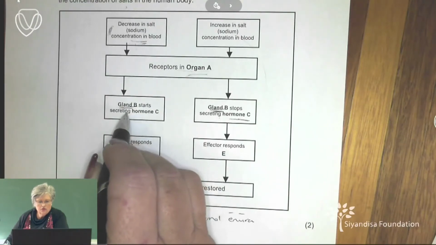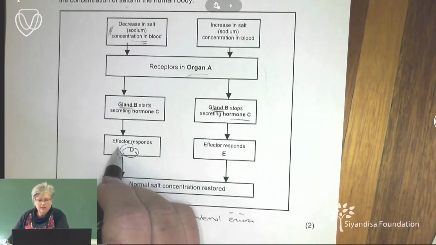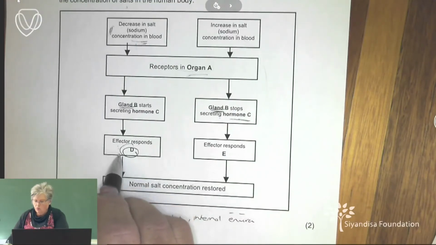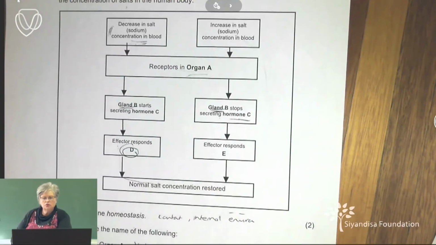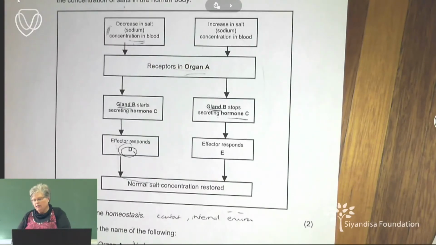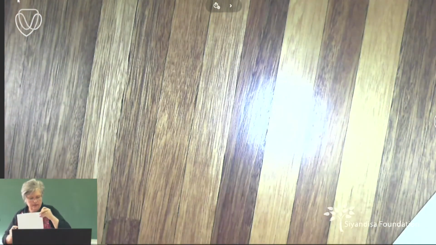Aldosterone, what does it do? It makes the wall of the renal tubules more permeable. If it becomes more permeable, more sodium can be reabsorbed, and then it will be returned to normal. Okay? Again, you must know your target organ, you must know your control center. If you know that, it is easy to answer that one.